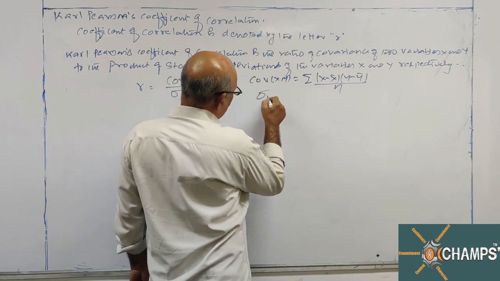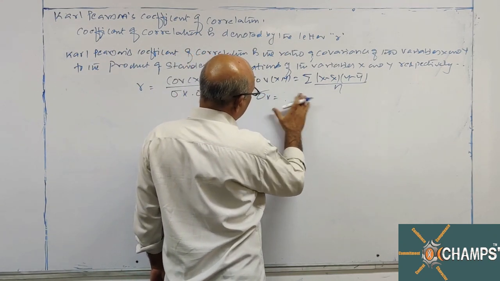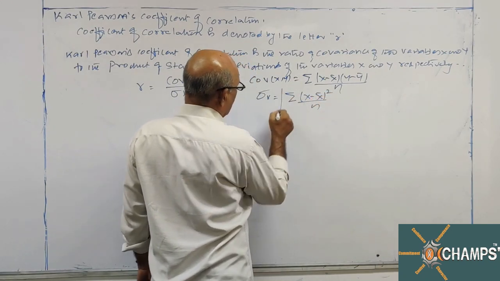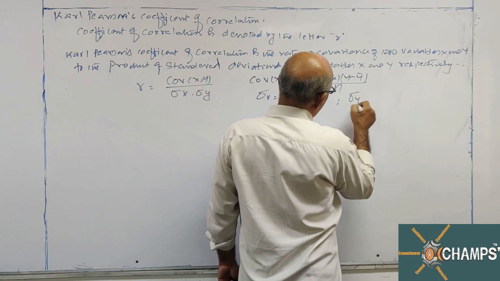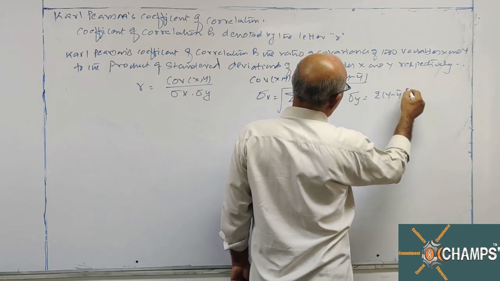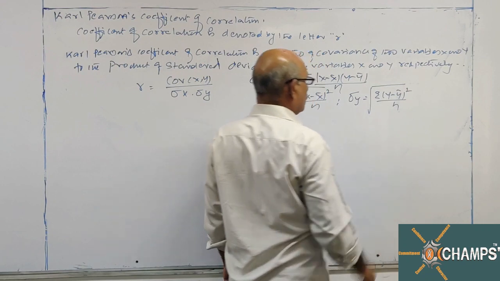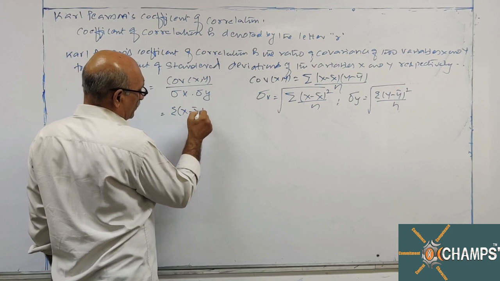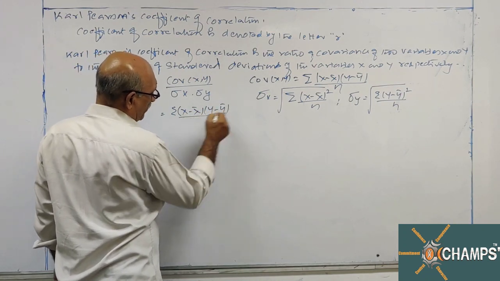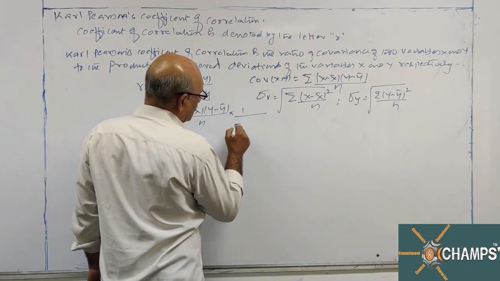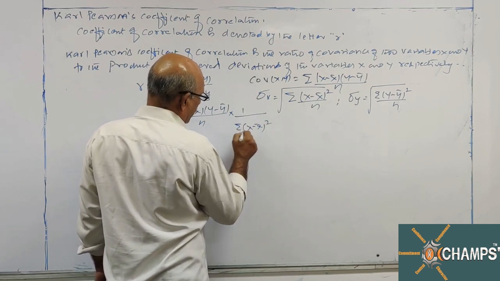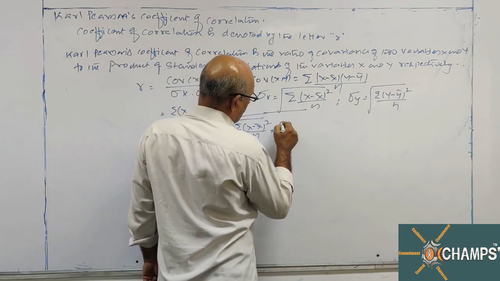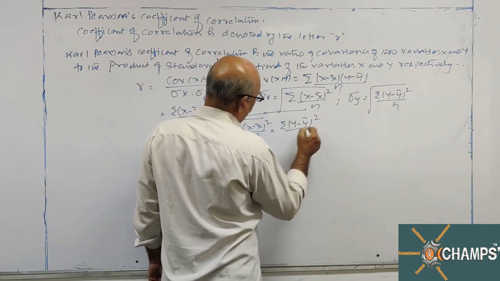And our standard deviation of x is equal to summation of x minus x bar whole square by n under root. Standard deviation of y is summation of y minus y bar whole square by n under root. So if I substitute these values, summation of x minus x bar into y minus y bar by n, into 1 by square root of summation of x minus x bar whole square by n, into square root of summation of y minus y bar whole square by n.